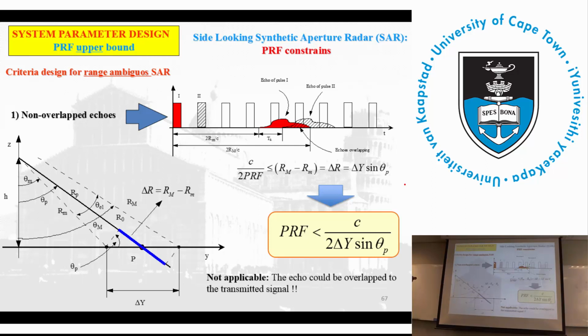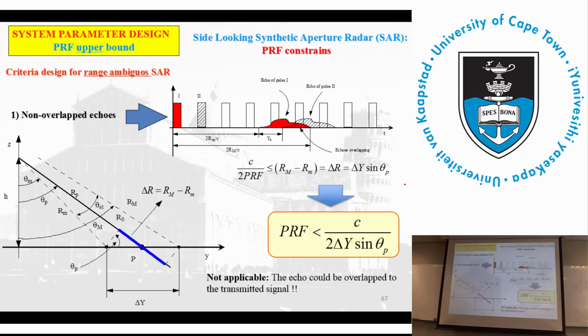Let's say I'm labeling my transmitted signal: the first one I label with red, the second one with black stripes. So my echo relative to the first transmitted pulse is red, and the other one has the same pattern. If these two are too close, then these two echoes overlap. That's not good, so I have to avoid that for sure.